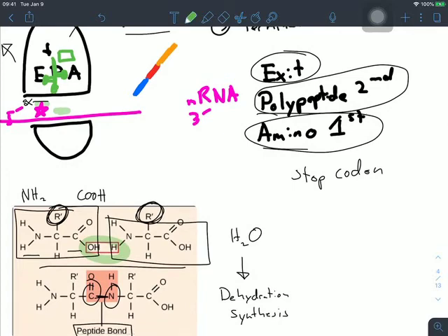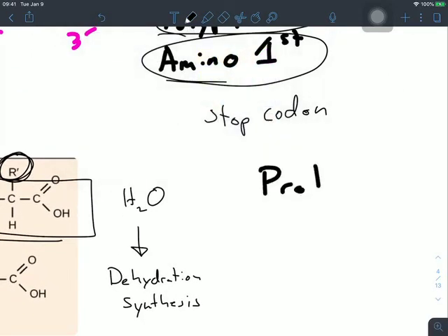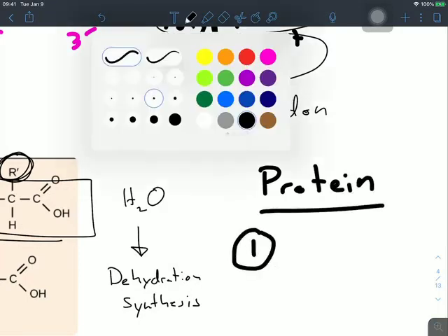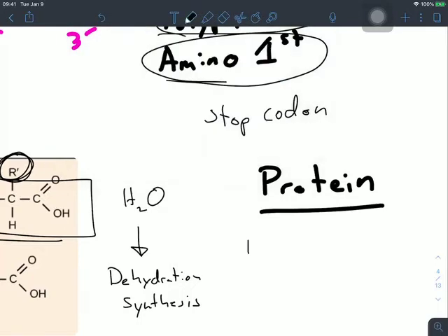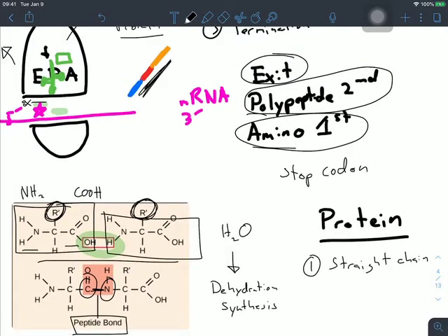As a refresher, protein structure happens in 4 different phases. I'll grab a thinner marker here. The first and primary structure of a protein is a straight chain of amino acids, like what you see assembled in the polypeptide site.